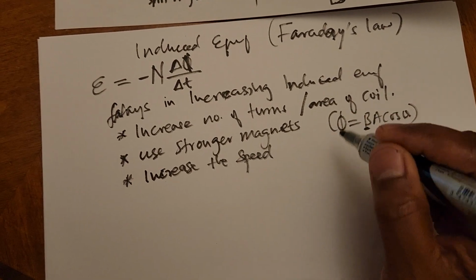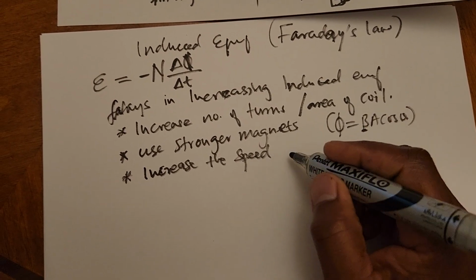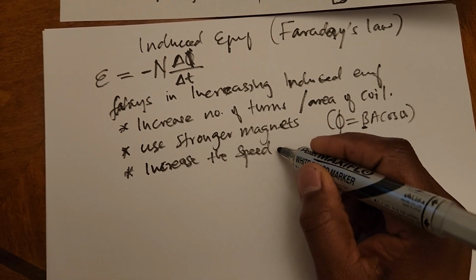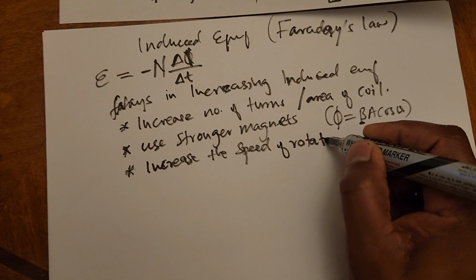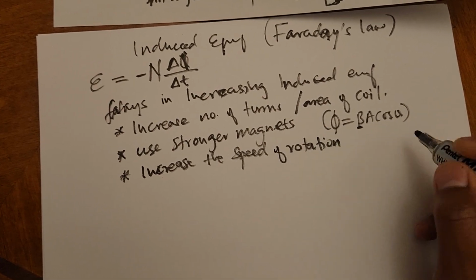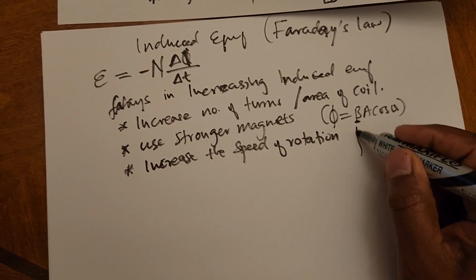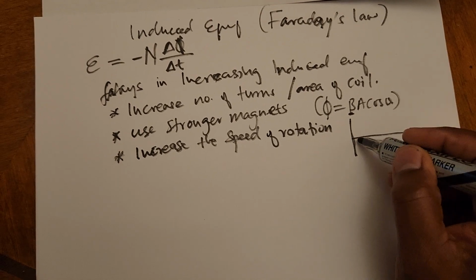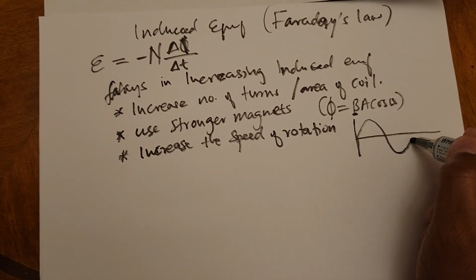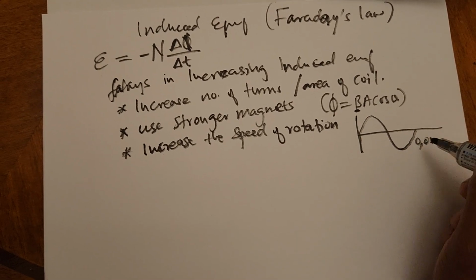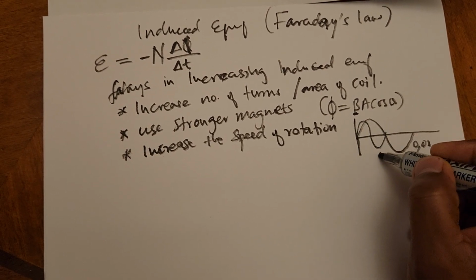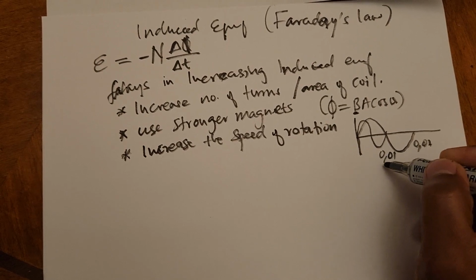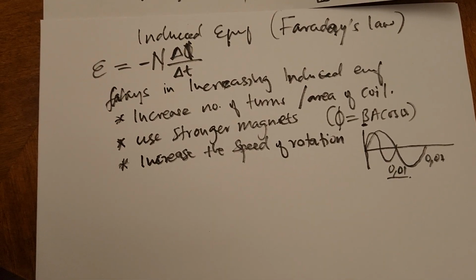In the wind turbines, the more wind, the more generation of electricity. Increase the speed of rotation. That's your delta t. Rotation in this case means that if we cover, let's say, a full circle in 0.02, now we will cover a full circle in 0.01. So the speed of rotation is increased there.